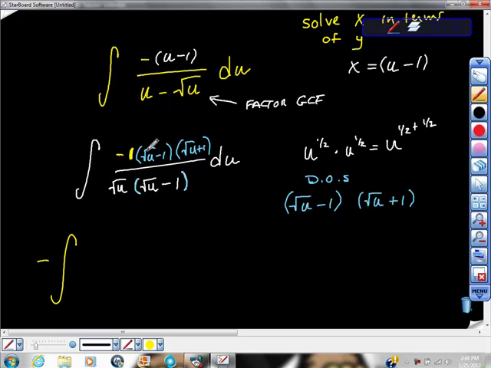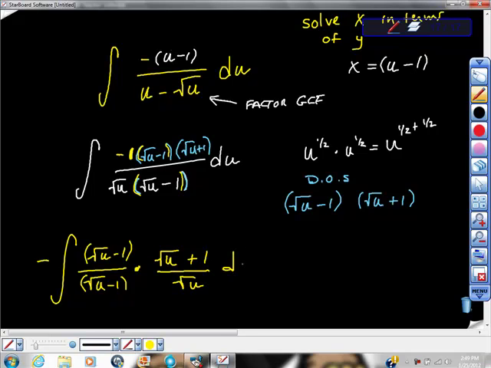And I'm going to take this u over u minus 1, square root of u minus 1 here, and put it over this one here, and get this square root of u minus 1. So I'm going to take those as factors, right? Times square root of u plus 1 all over square root u, du.